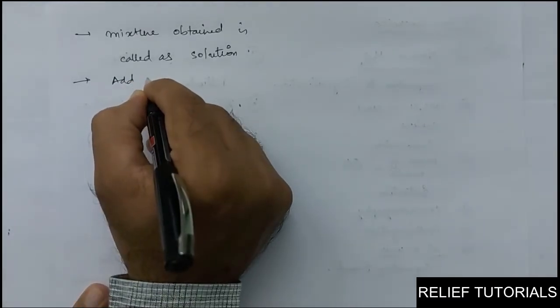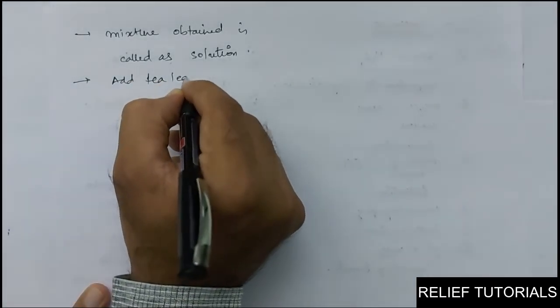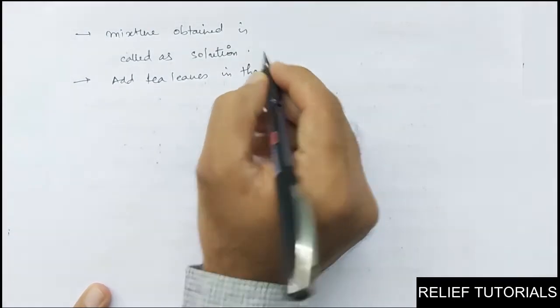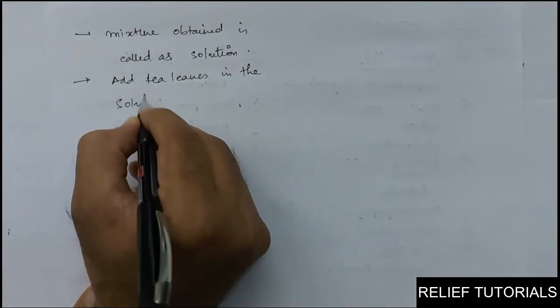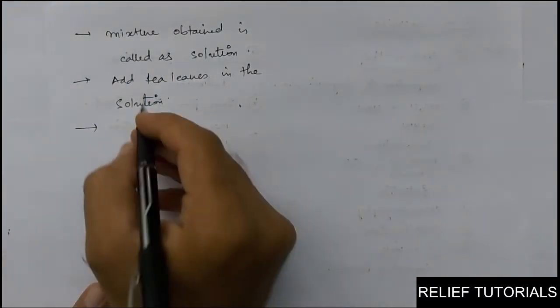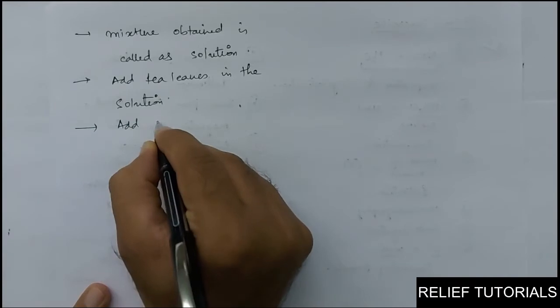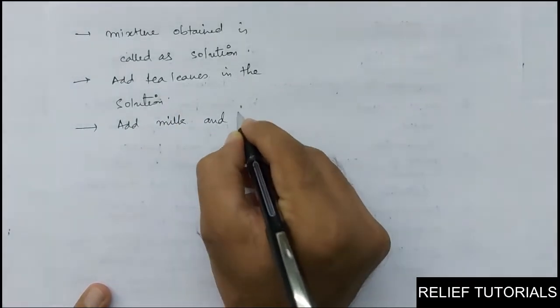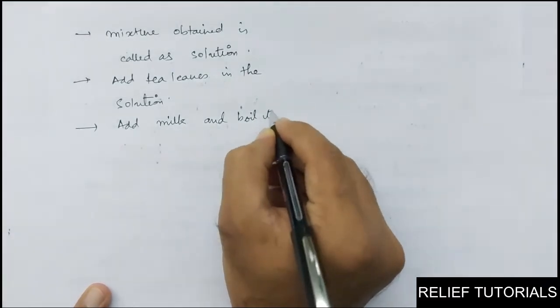Then we add tea leaves in the solution for some time. Then we add milk and boil it.